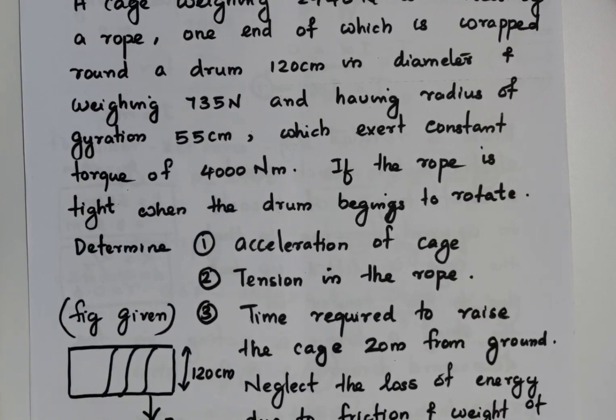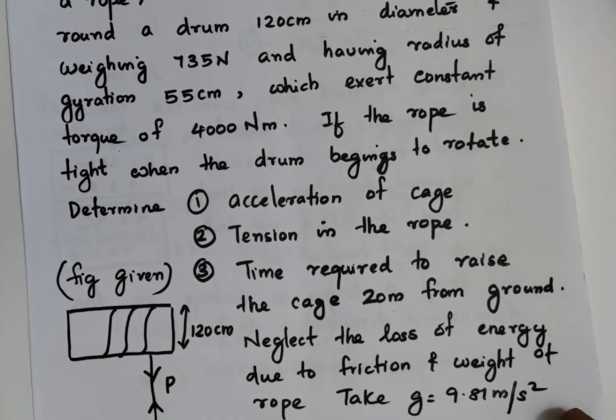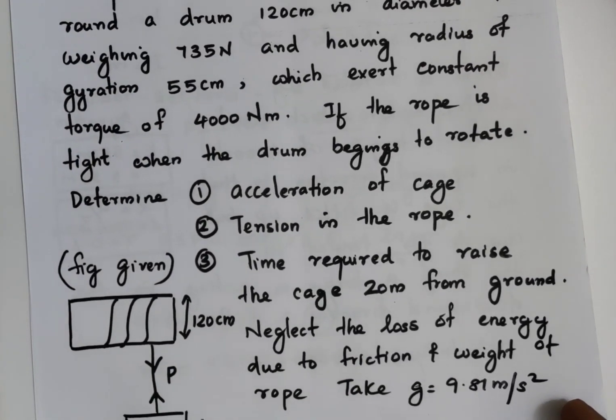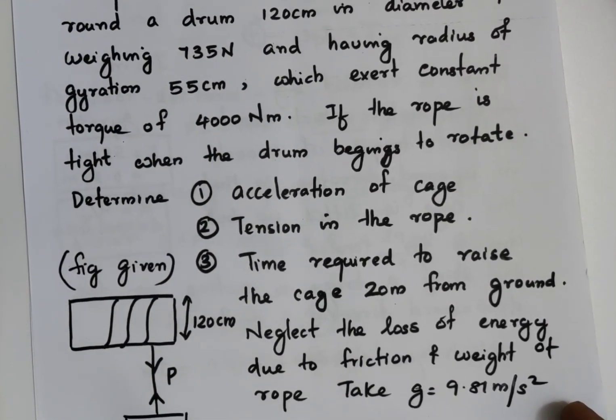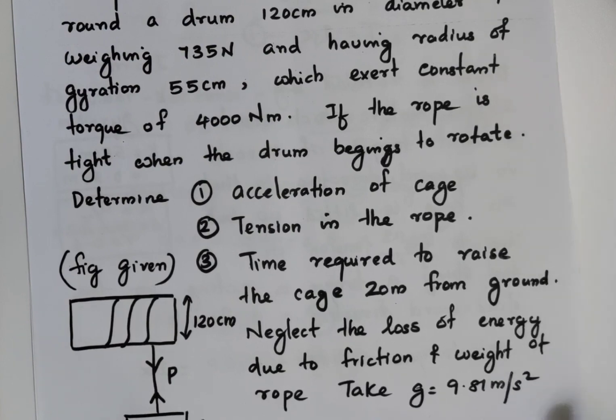If the rope is tight when the drum begins to rotate, you have to determine the acceleration, tension and the time required to raise the cage 20 meter from the ground. Neglect the loss of energy due to friction and weight of the rope. You can assume g is equal to 9.81.